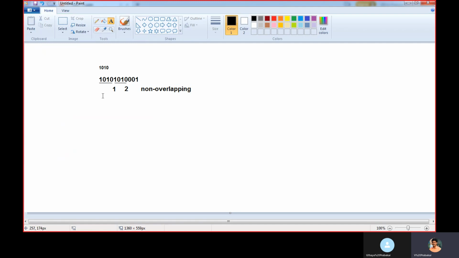If it is overlapping, take the same pattern. Here the given pattern 1 0 1 0 is detected. The first time it got detected. Again this 1 0 1 0. This 1 0 is common for the first sequence and it is common for the second pattern which is detected, 1 0 1 0.